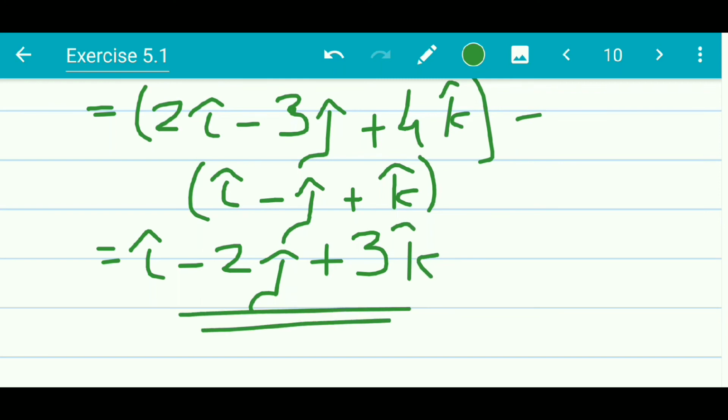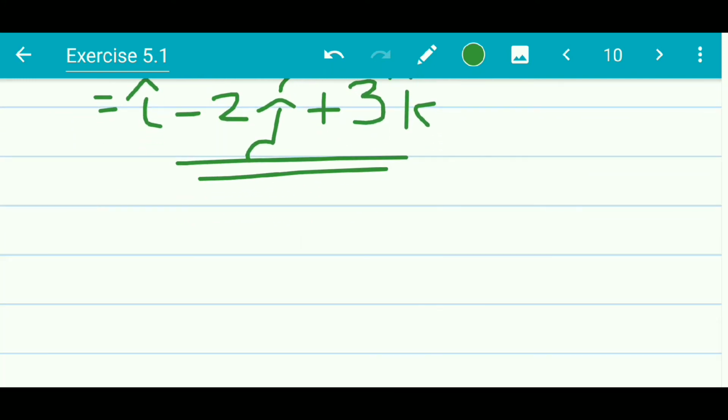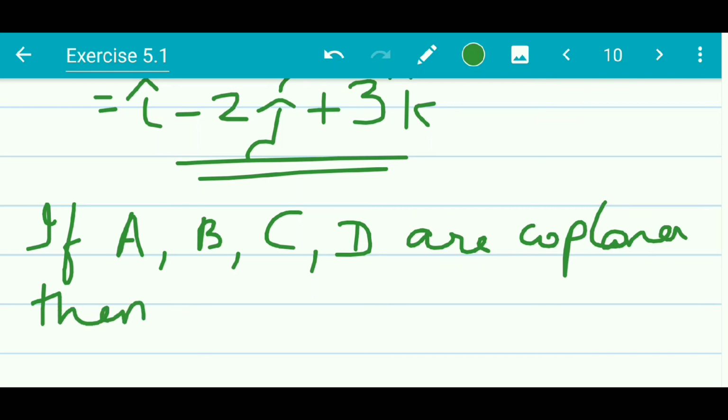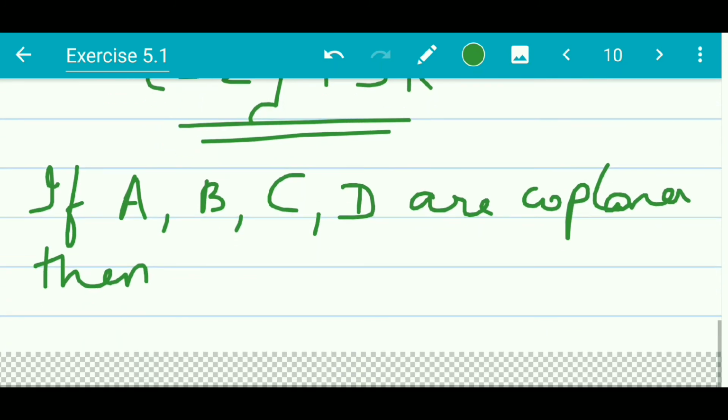Now why have we found this? We have found this to find out whether ABCD are coplanar or non-coplanar. So suppose ABCD are coplanar. Then we can express them in this way.